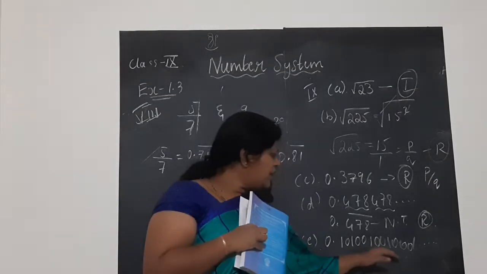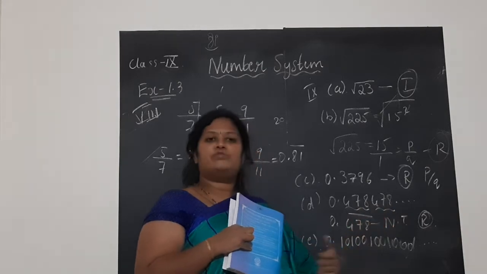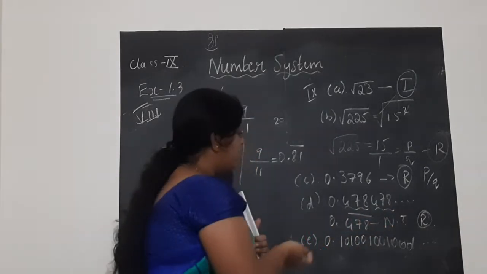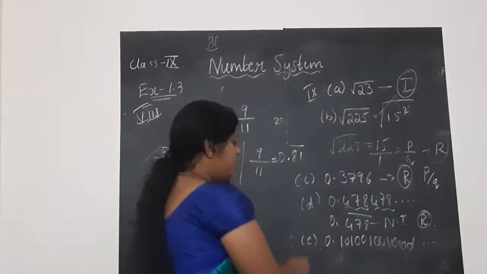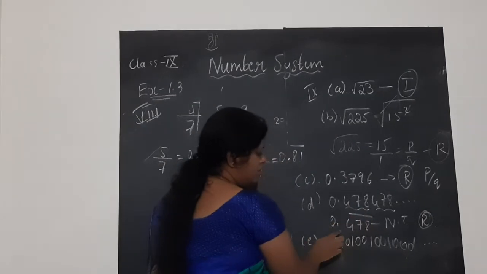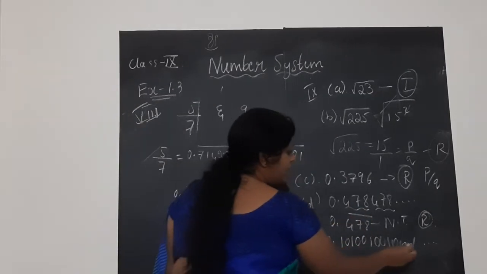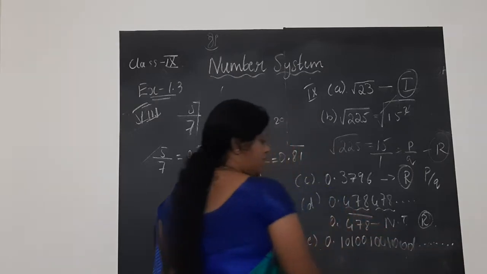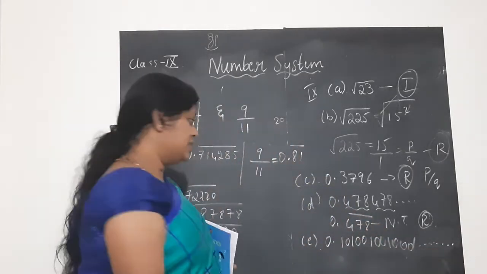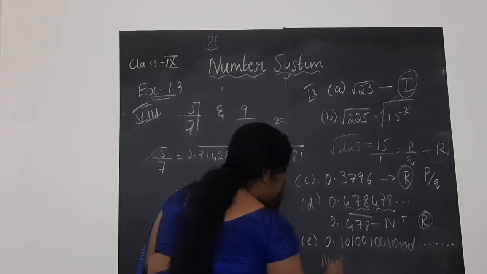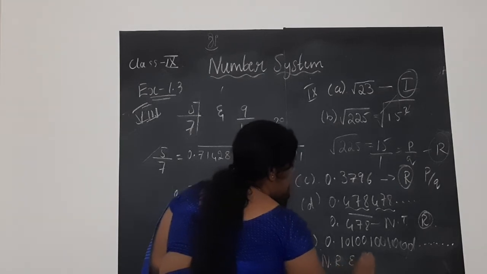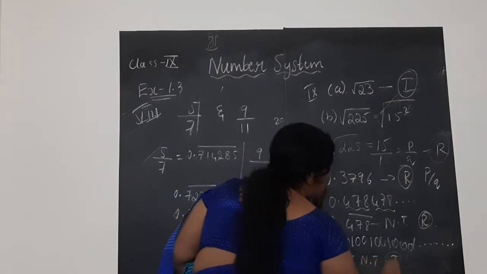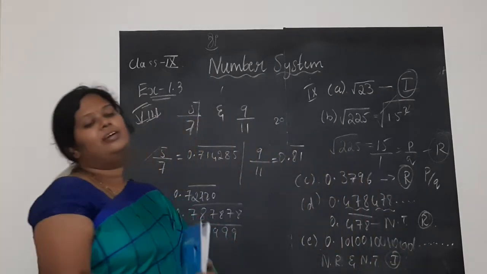So in any way you cannot pair any numbers in this form, which means it is non-recurring, non-terminating. Non-recurring means it is not getting repeated. Bar cannot be written. Non-terminating, why? Because of the given dot, it is continuing. So it is non-recurring and non-terminating. Hence it is an irrational number.